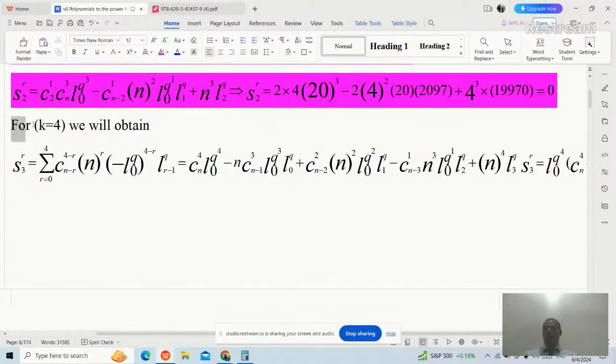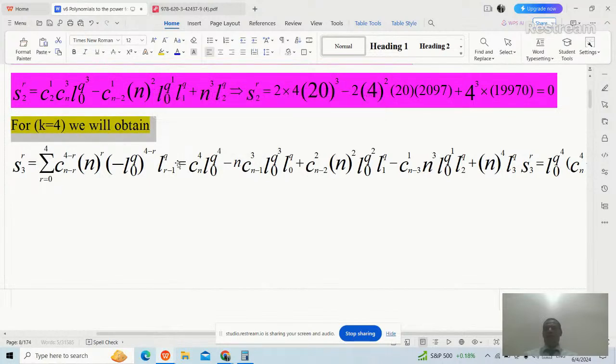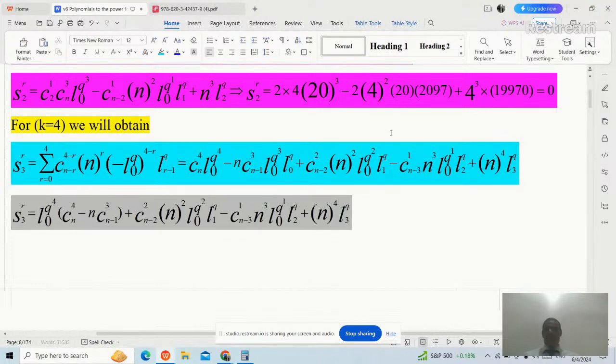So therefore, we should put what, learners? Put k equal 4, to obtain S3, which is 4 minus 1. It is equal to the sum from r equals 0 to 4 of combination (n - r, 4 - r), n raised to the power r, between parentheses negative L0 for the q raised to the power 4 minus r, L r minus 1 over the q.